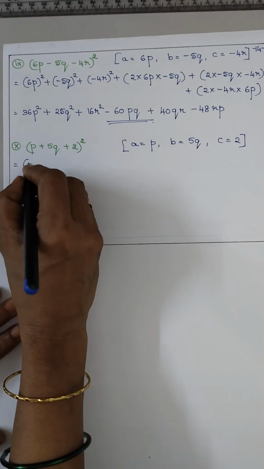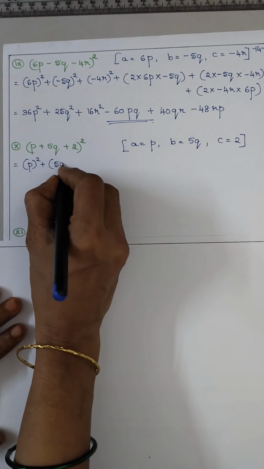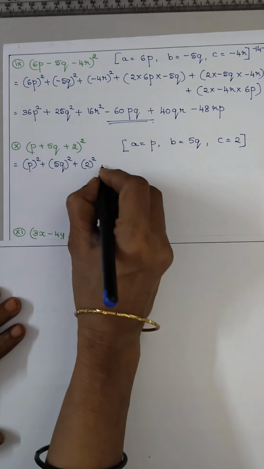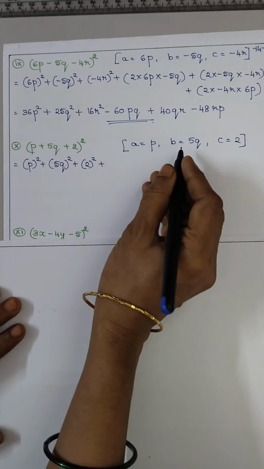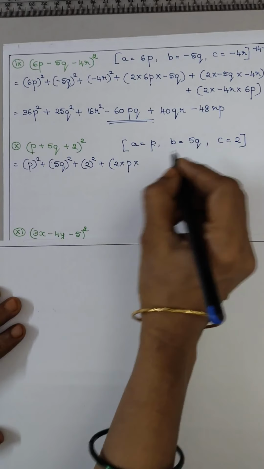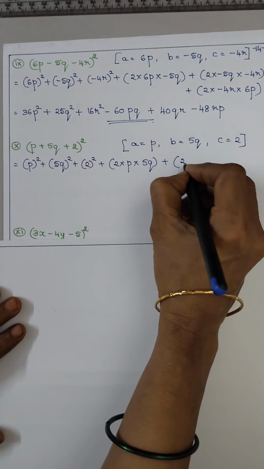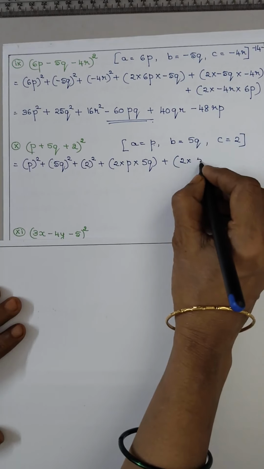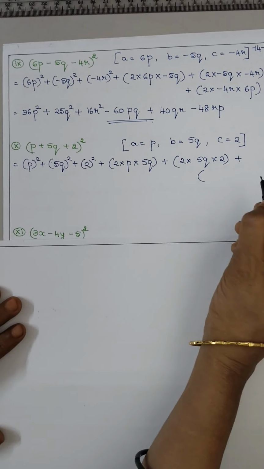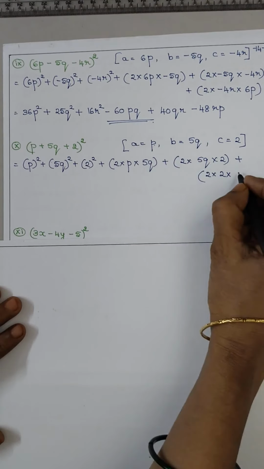A square, p square, b square, 5q the whole square, c square, 2 square, 2ab, 2 into a b plus 2bc, 2, b is 5q, c is 2 plus 2ca. 2, c is 2, a is p.